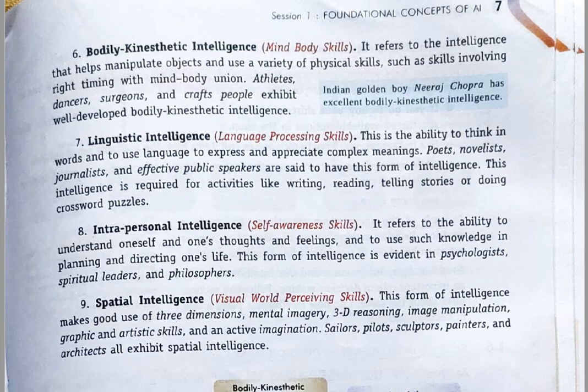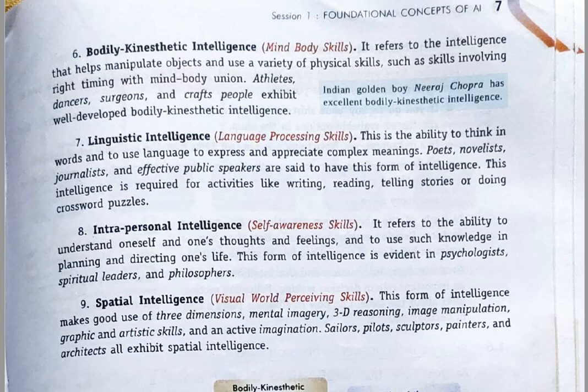Athletes, dancers, surgeons, and craft people, these are the examples of people having bodily kinesthetic intelligence. For example, here the example of great sportsman of India, the Olympian Neeraj Chopra has been given. It is an example of bodily kinesthetic intelligence.